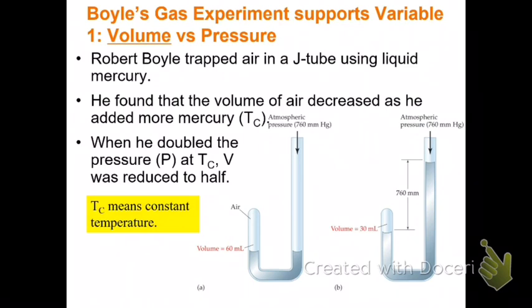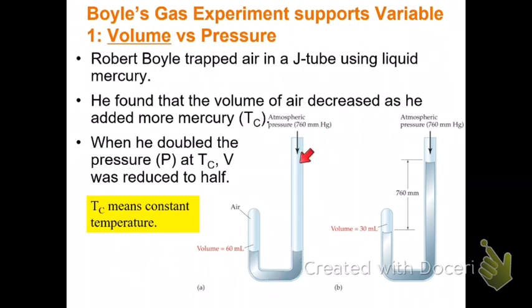All right, so the first one is Boyle's law. Robert Boyle was able to show the relationship between volume and pressure. He used this J tube, this little device.